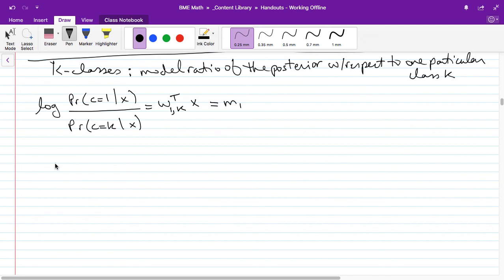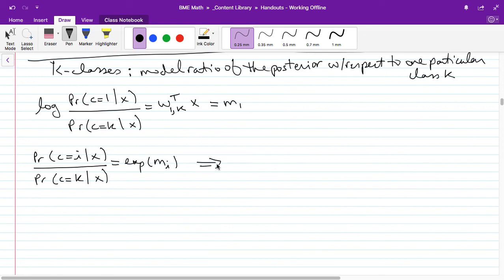The idea is that it's going to use something called a softmax function, and I'll show you what that means. So to proceed, we want to know the probability of c being some class i given x with respect to the probability of it being class K given x. And so the log of that is equal to m1, so this is just the exponential of m sub i from this definition.